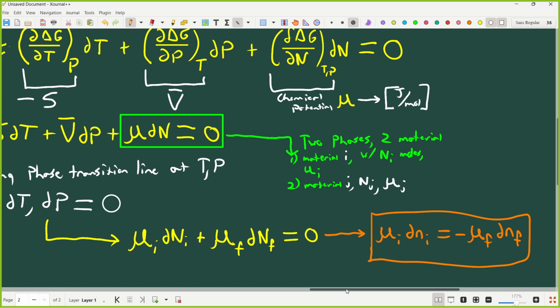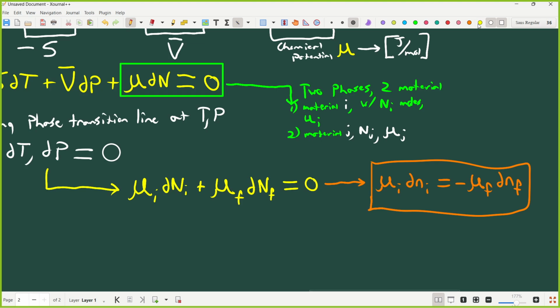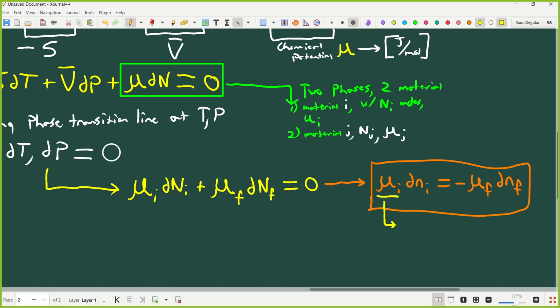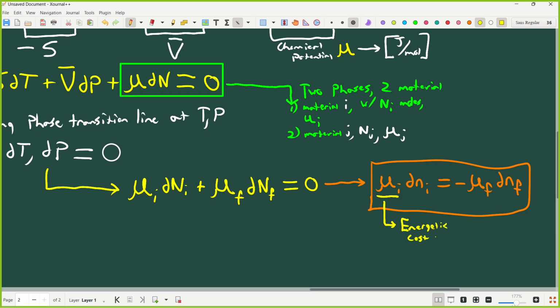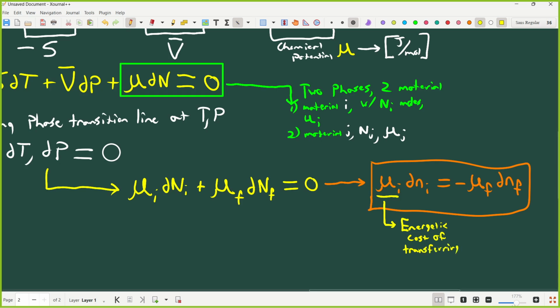So the chemical potential in some ways is the cost or the benefit, an energetic cost or benefit, of moving moles from one phase to another, some energetic cost of transferring molecules from I to F. Right?